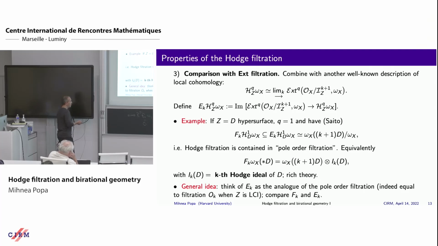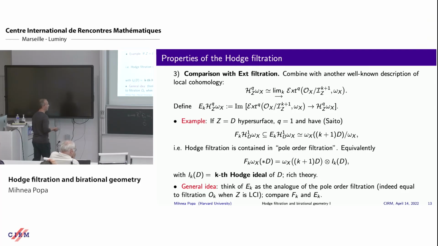So we should think of E_k as the analog of the pole order filtration and compare the Hodge filtration to E_k. When you have a local complete intersection, and for now most of the results that we know are in that case, it really does turn out that this Ext filtration is the same as the order filtration that I was telling you about earlier. So it's not really a big deal. It's still basically that. So we're going to compare them.